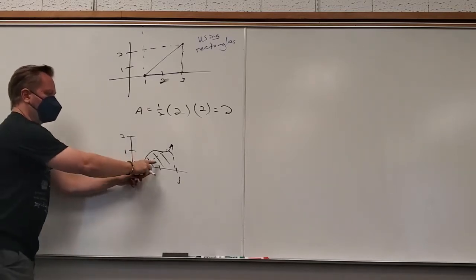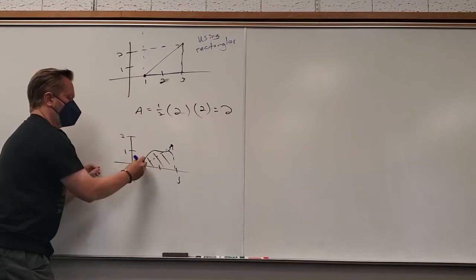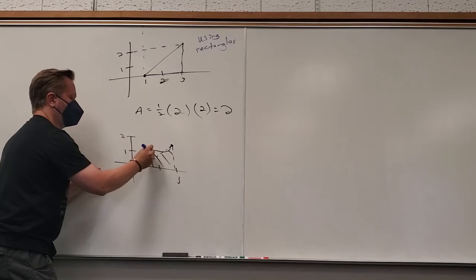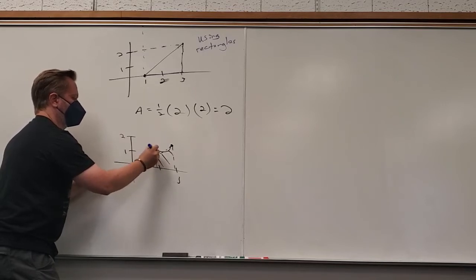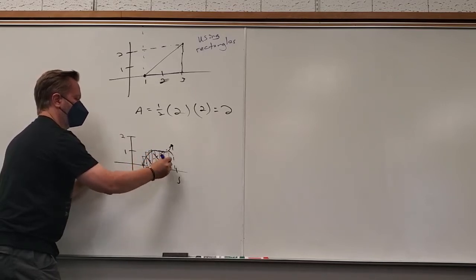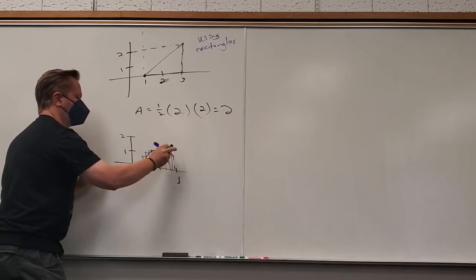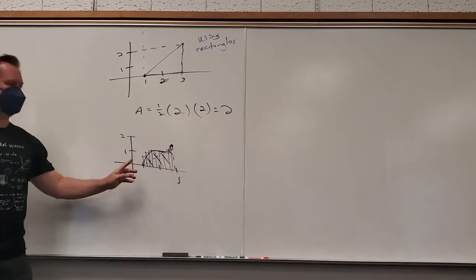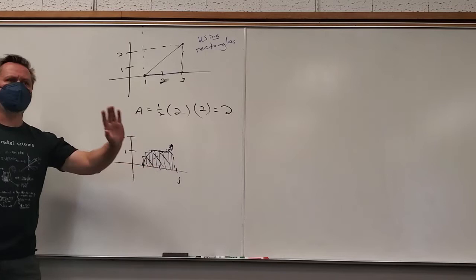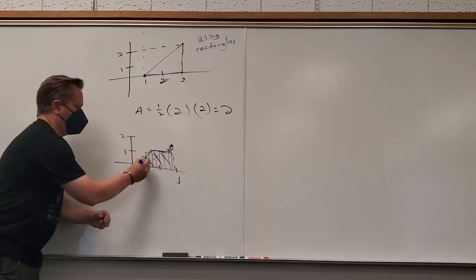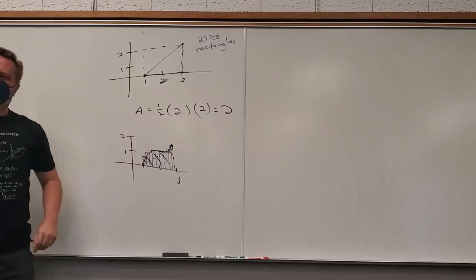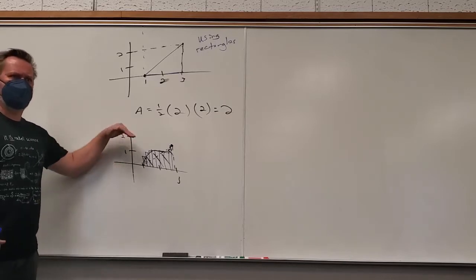In this case, is everybody semi with me? I'm trying to work up to the point where we can estimate this area using rectangles like this. And I can find each of these rectangles' areas really easy. And do you see, if I use this many rectangles, if I found the area of all these rectangles and added them up, wouldn't that be decently close to the actual area?